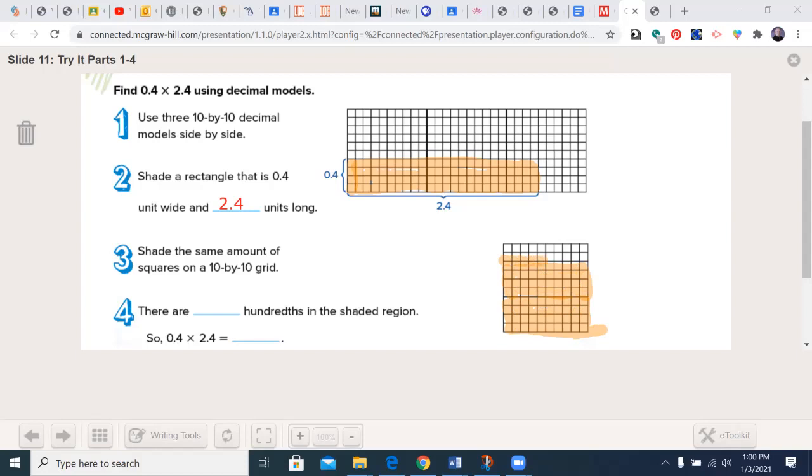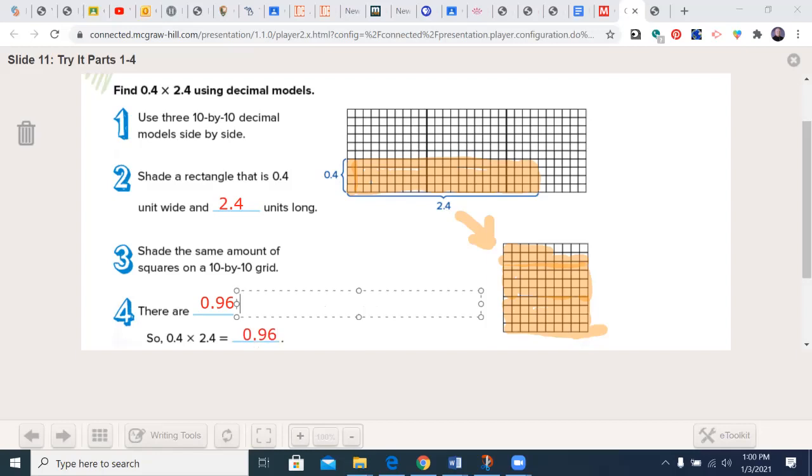So I'm going to go, here's 10. And then 11, 12, 13, 14. So now you can see that if you put all of this into here, there are 96 hundredths in the shaded region. And that's written by 0.96. So our answer is 0.96.